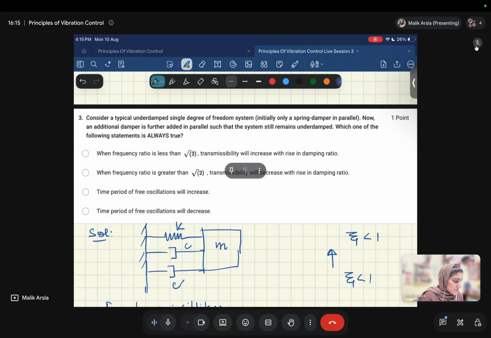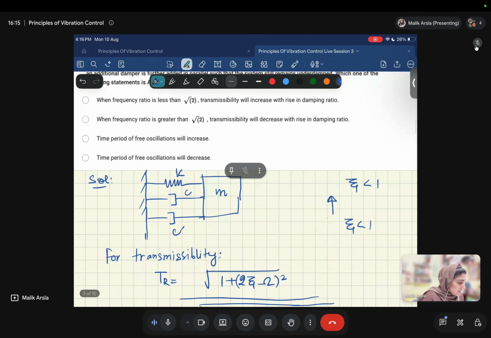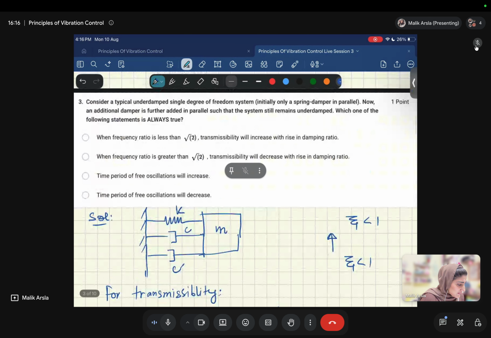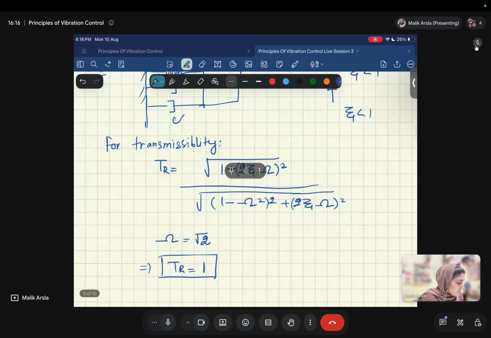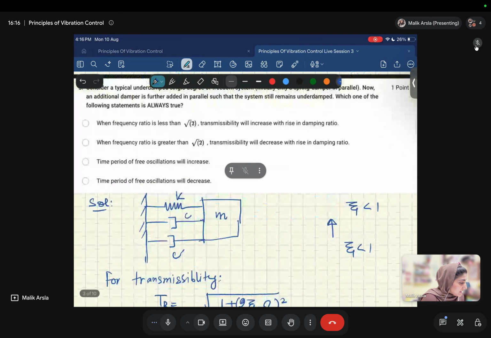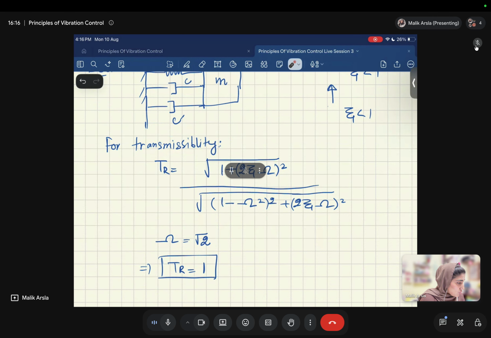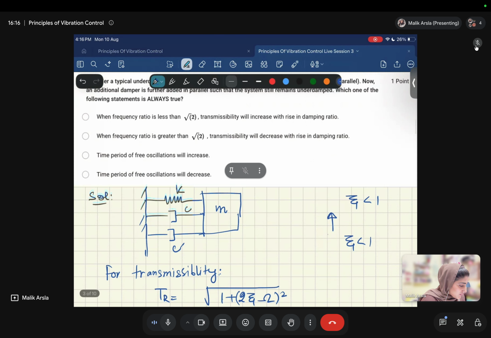So option 1 is not correct. Similarly, when the frequency ratio is greater than root 2, the transmissibility does not necessarily decrease with a rise in damping ratio. You can get this from the expression alone. So the first two options are not correct here.